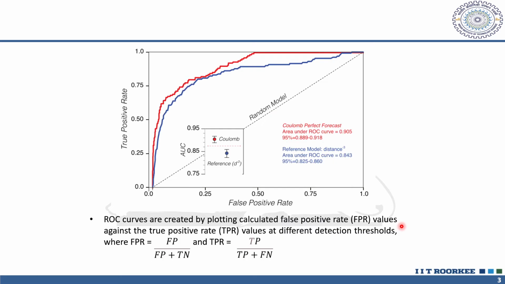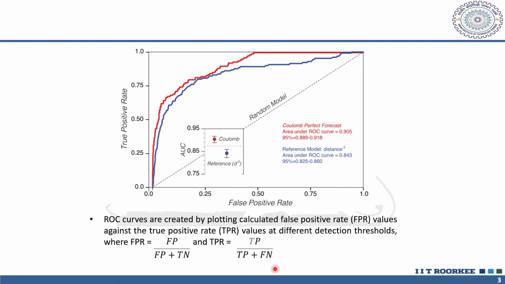Now from these values, ROC curves are created. These are created by plotting false positive rate against the true positive rate. Now false positive rate is calculated using this equation, and it means how many incorrect positive results are present among all negative samples.